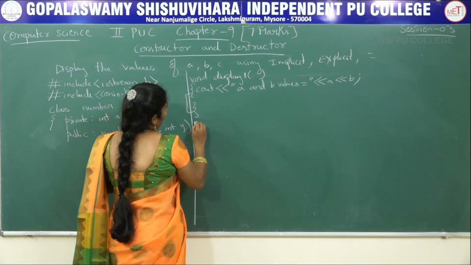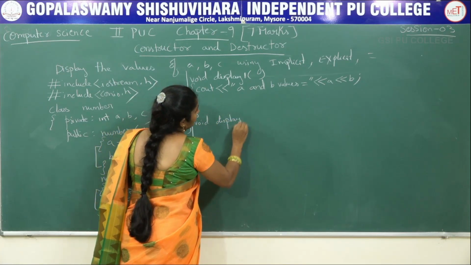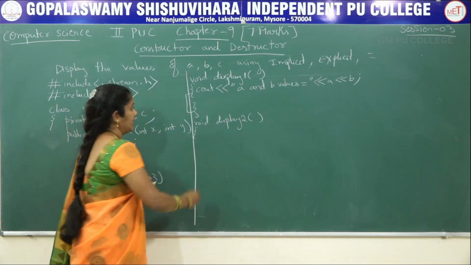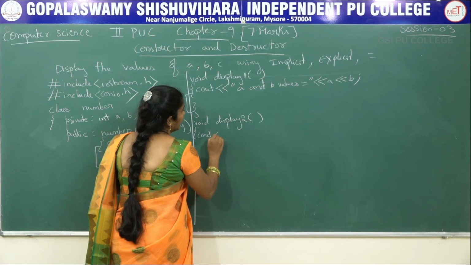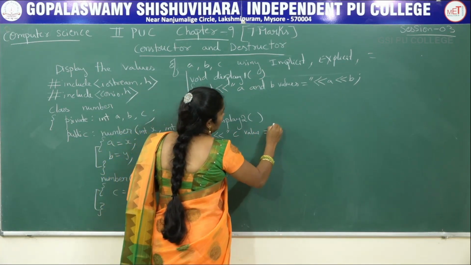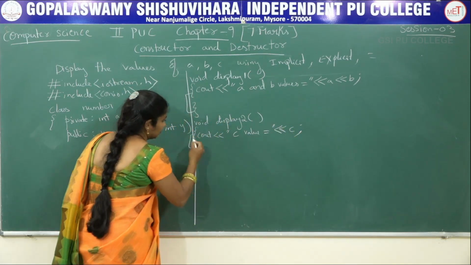Next, void display2. In display2 function I am going to display the value of C. cout, insertion operator, C value equals, display the C value. Then close this function.